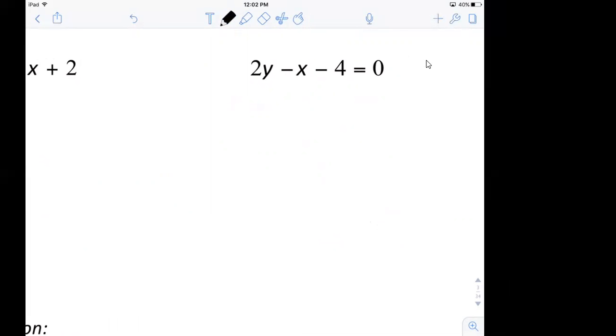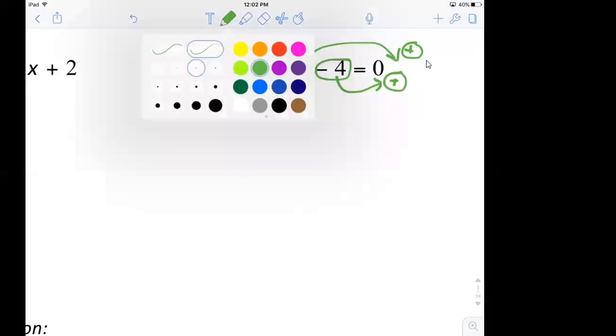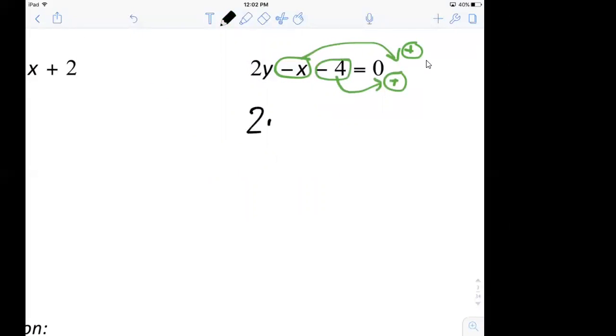If I take my -x, move it to the other side, it'll become positive. I can take my -4, move it to the other side, it's going to become positive as well. Then I'll just need an extra step at the end. So 2y is equal to x plus 4, all positive on that side. And then I need to divide everything there by 2.